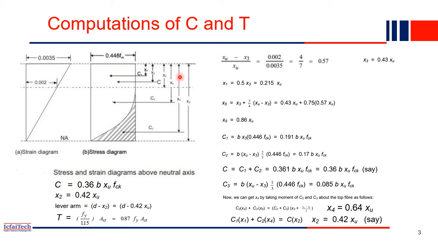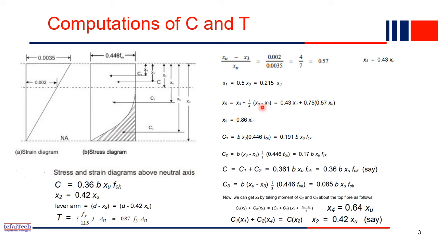We know X3 is 0.43 Xu, plus this portion. So X5 equals X3 plus the CG of this parabolic portion. The CG of this parabolic portion is 3 by 4 of Xu minus X3. This entire length is Xu minus X3, then you will get this length.